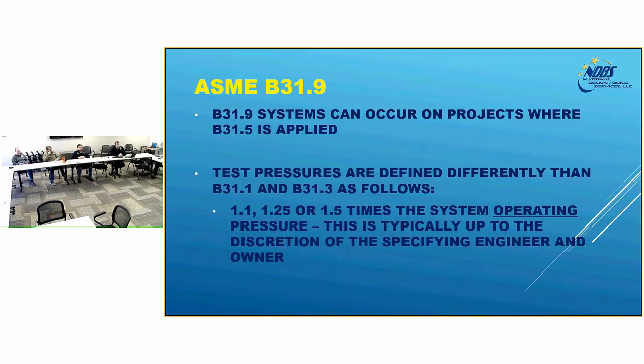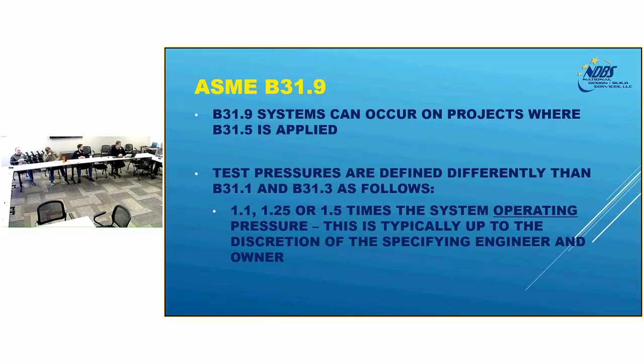Now, for B31.9, the requirement is whatever the engineer wants to set it at. So it is typically 1.1, 1.25, or 1.5 times the operating pressure, not the system design pressure. So if you have a hot water system that's got a pump on it, and the pump is generating 75 psi deadhead, you might have a PSV on there that's set for 95 psi.